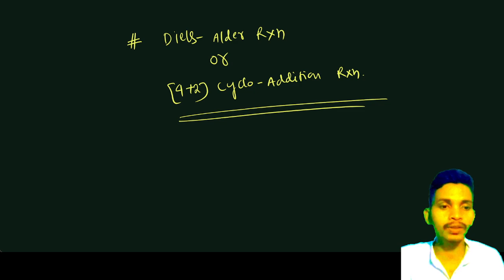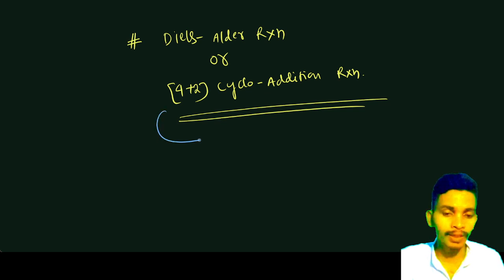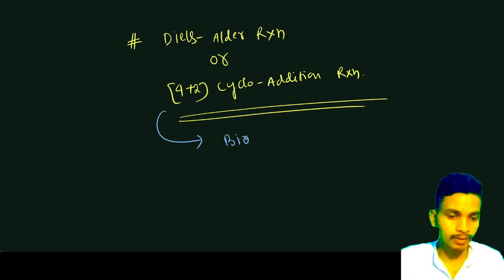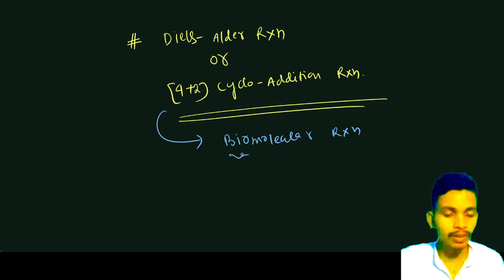Here what we discussed is that this is one type of bimolecular reaction. Bi means two, so here two substrates are used.